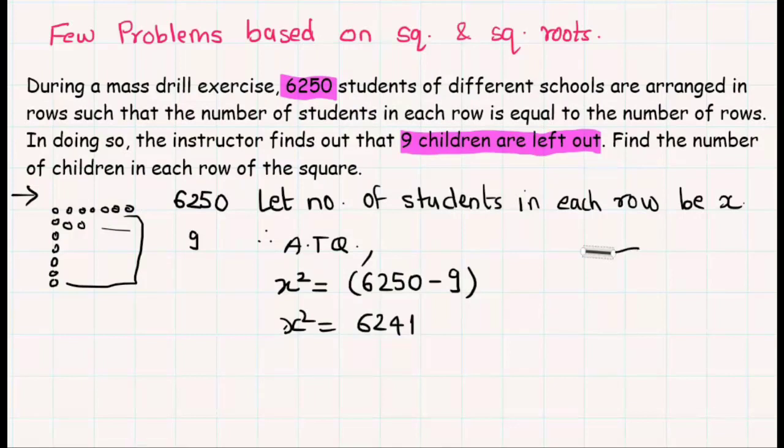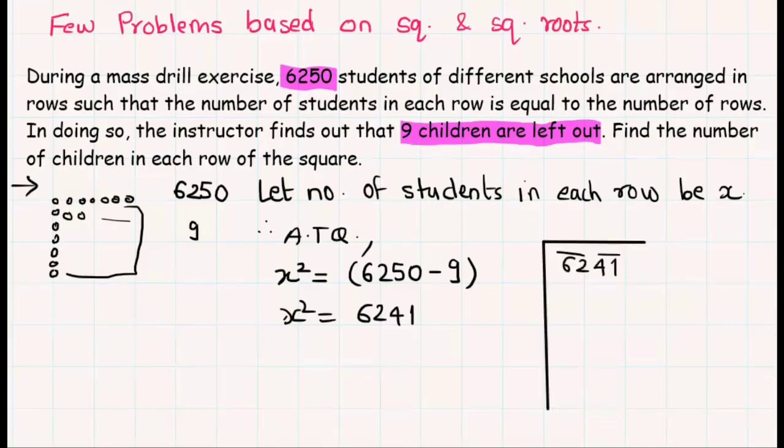We are going to use the long division method. 6241. For 62, the nearest square I can think of is 64, but it's greater than 62. So we'll consider 49. The square root of 49 is 7.